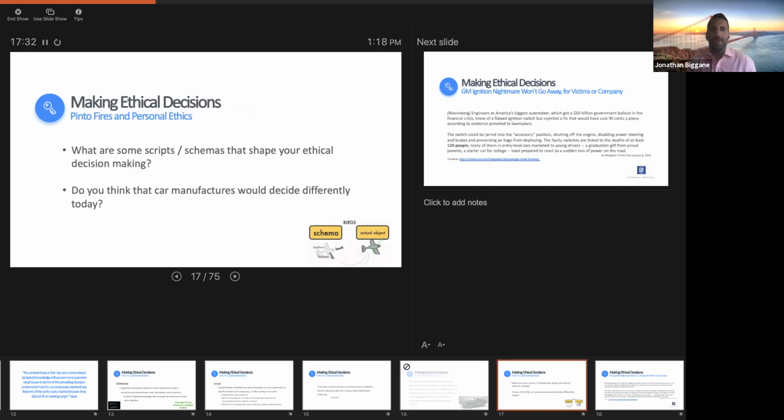So we all have some scripts and schemas that shape our ethical decision making. What do we look at when we look at a situation, or when you look at a situation, how do you quickly determine what's right or wrong in this scenario? You have your own moral and ethical grounding, and that's not really what you're here to learn today.